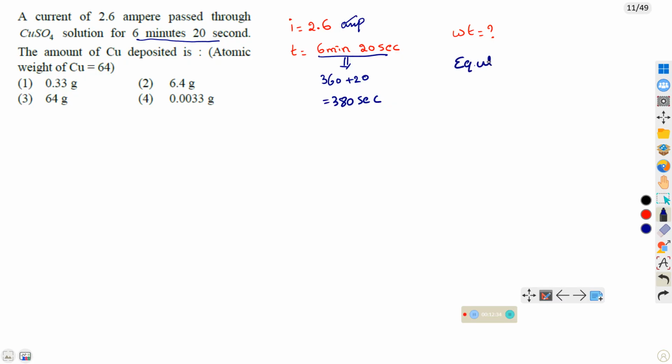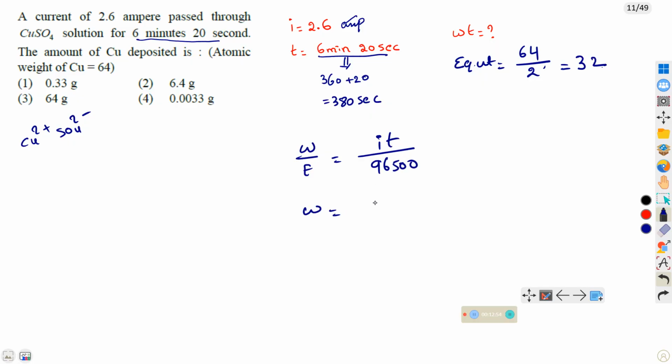Equivalent weight is atomic weight by valency. CuSO4 dissociates like Cu2+ and SO4 2-, so divide by 2, which equals 32. Now use the formula: weight by equivalent weight is equal to I T by 96500.